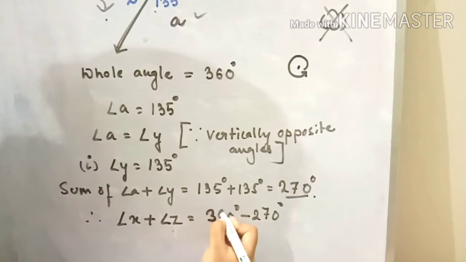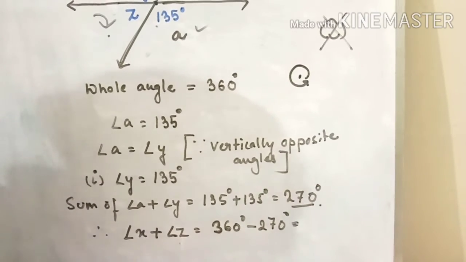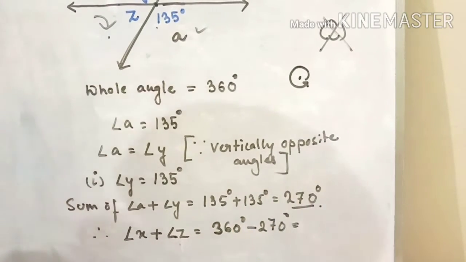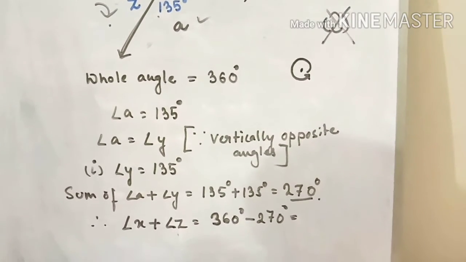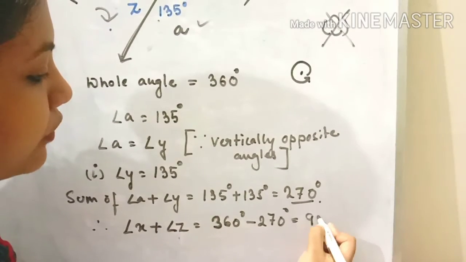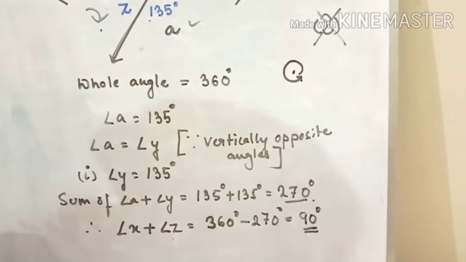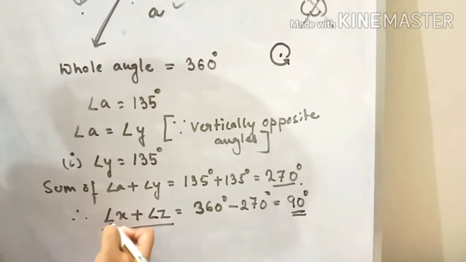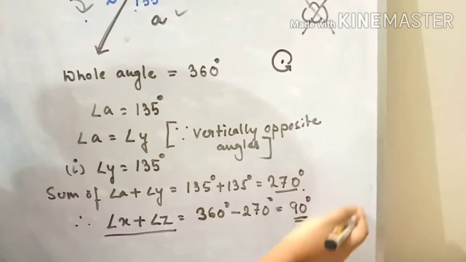So from the whole of the degree, we are just going to subtract how much we have found, that is the summation of angle A and angle Y. Alright, so after subtracting we find that 90 degree is remaining. So we can understand that the summation of angle Z and angle X is equals to 90 degree.